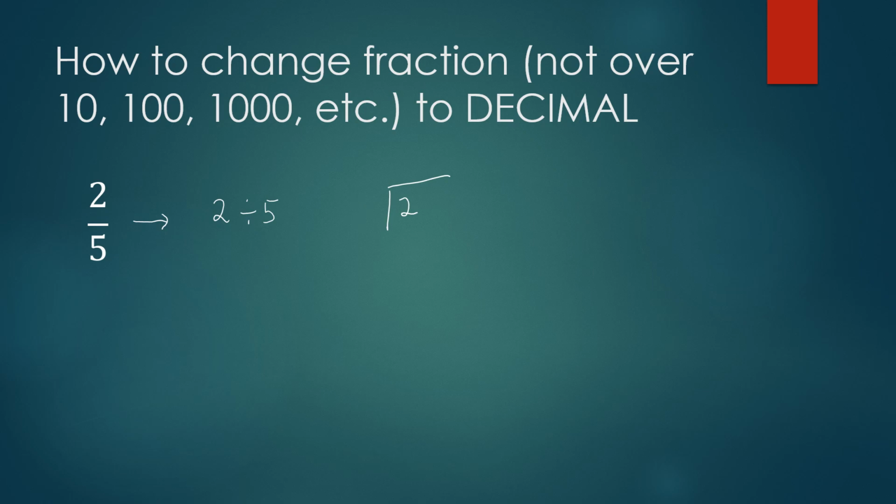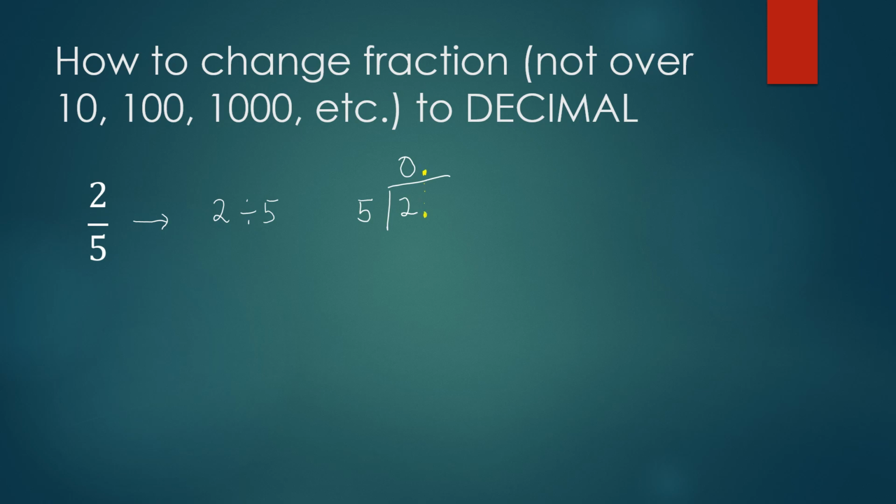2 divided by 5. So 2 divided by 5 is 0 because you cannot take 5 from 2. So it's 0. Now 2 is the same as 2.0, 2.00, 2.000. So we can affix a decimal point here. And once we do that, we do the same alignment with our answer, the quotient.